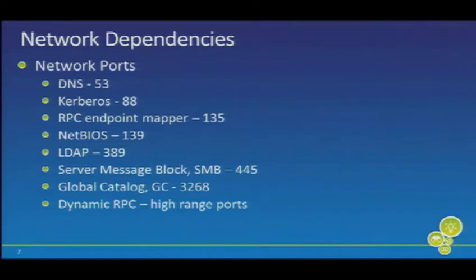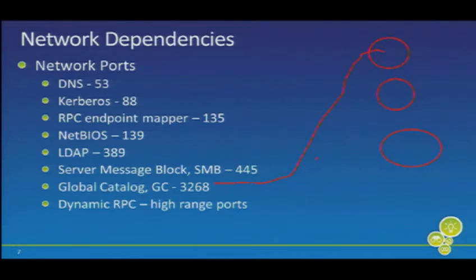What Microsoft has done here is, this is the domain partition, this is the configuration partition, and this is the schema partition. Whatever objects are available in the domain partition are also available in the global catalog.